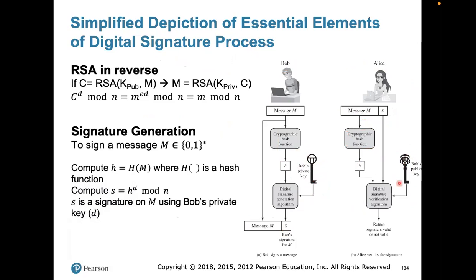And the public key of Bob, everybody knows that, and it is okay if we assume Alice has access to it, and Alice uses it for decrypting the signature part. And based on this theorem, it works.